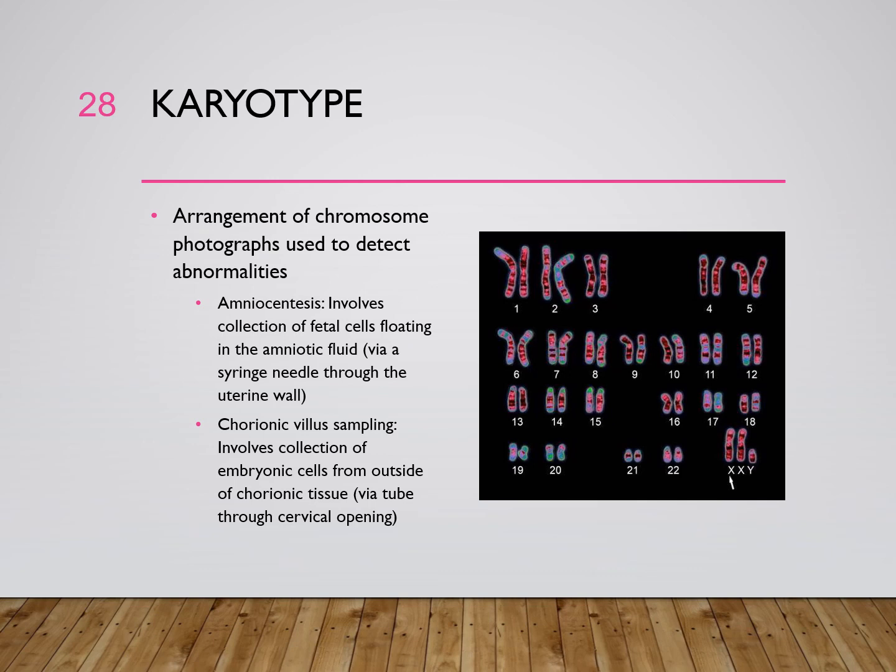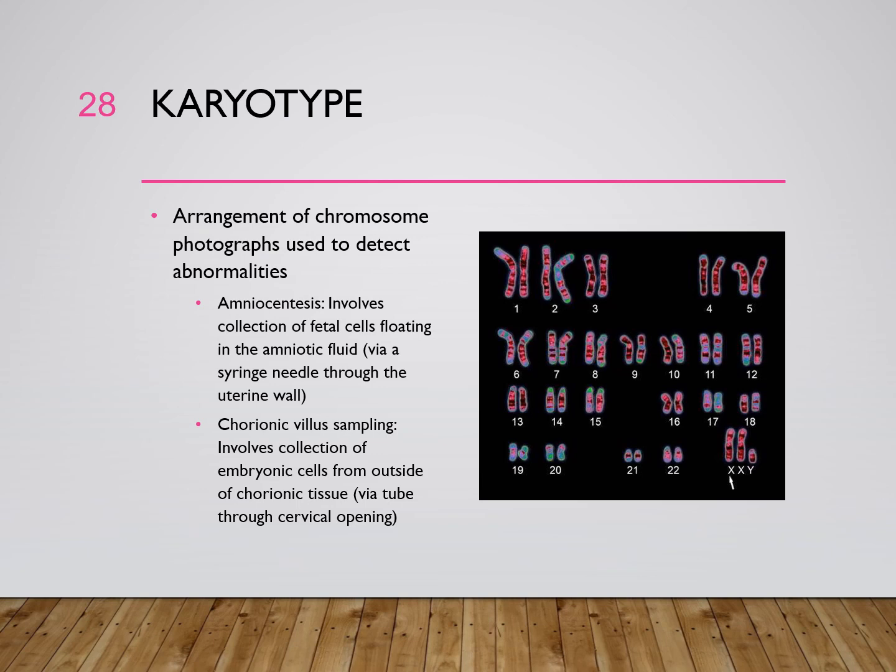Disorders that involve trisomy or monosomy and broken chromosomes can be detected after a karyotype is produced. Here you can see an example of a karyotype. We looked at one earlier, but through the process of amniocentesis, we can collect fetal tissue, examine those cells, and determine if there is some sort of genetic malformation there.